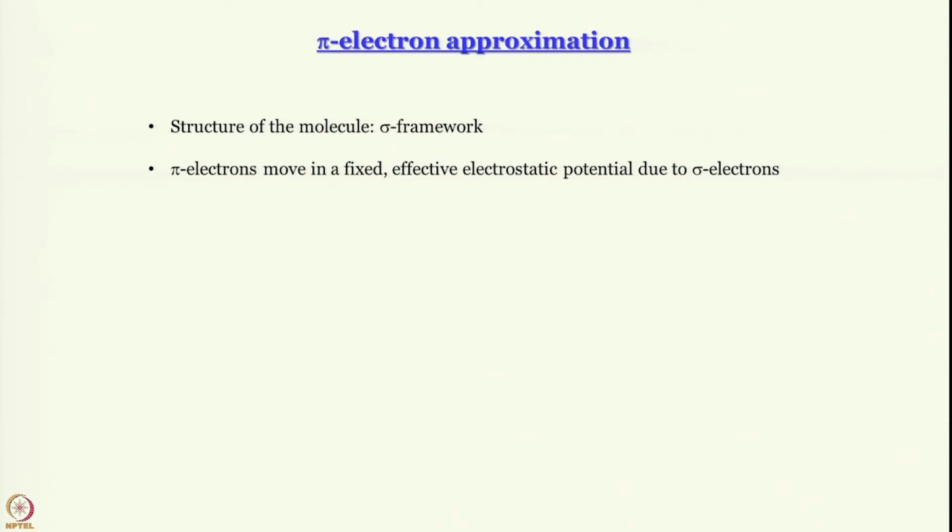Now, what is the meaning of effective electrostatic potential? That takes us back to what we have learned from many electron atoms and diatomic molecules and so forth. So, here we have a number of nuclei. It is a polynuclear system anyway, if you think of benzene or even ethylene, the one that we are going to discuss in some detail. Now, first of all we have said that the sigma framework is in place, and then only we start discussion about the pi electrons.